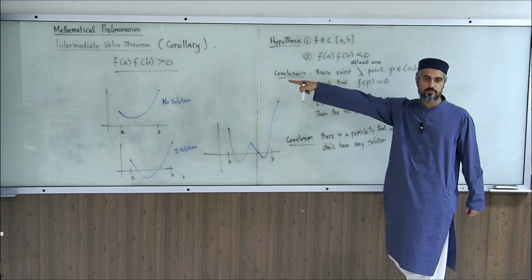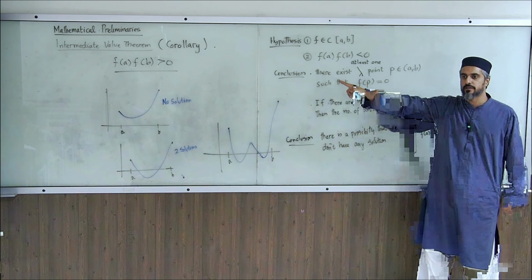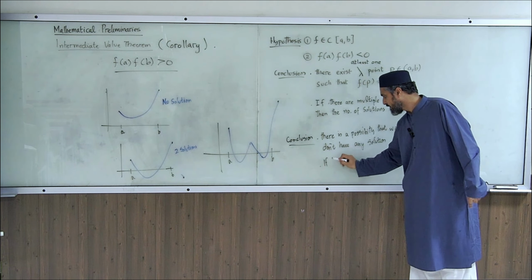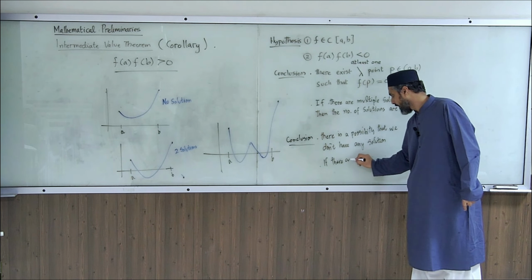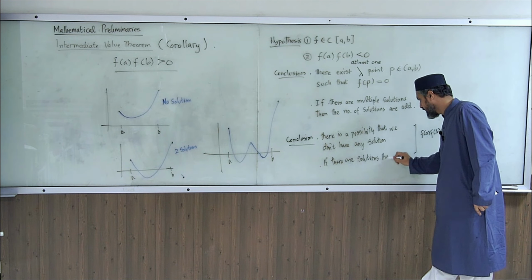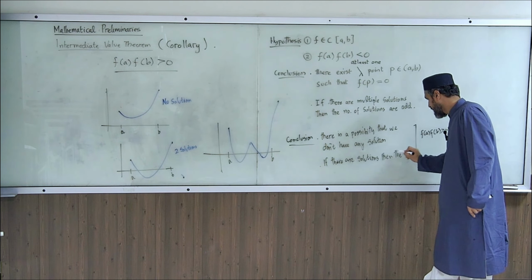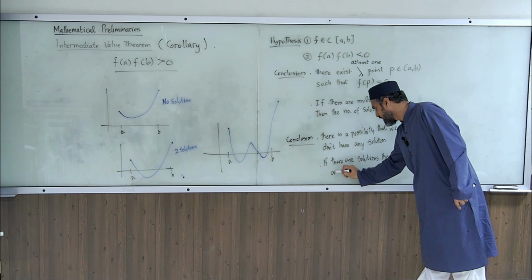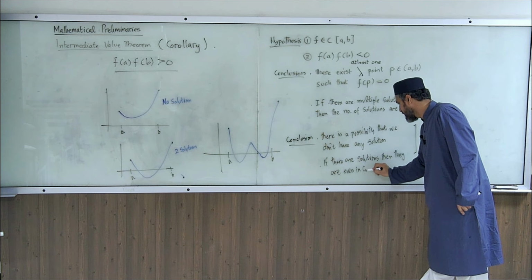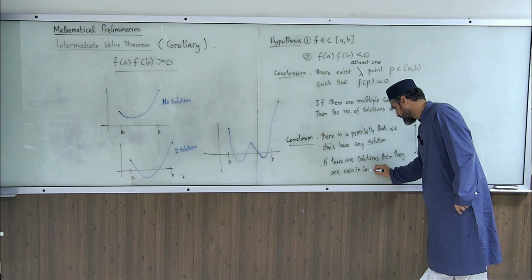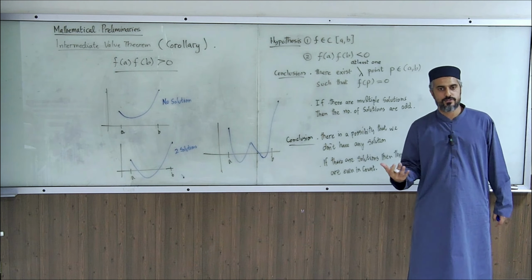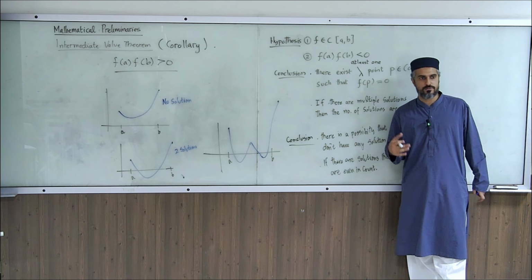This is the first observation. And if there are solutions, then they are even in count. If you count them, they will be even: two solutions, four solutions, six solutions, eight solutions.